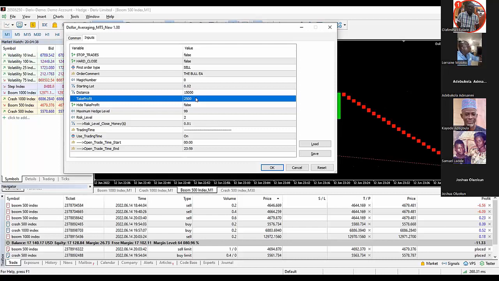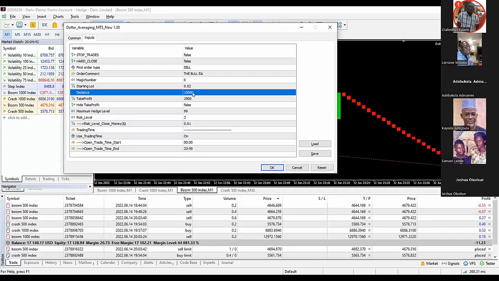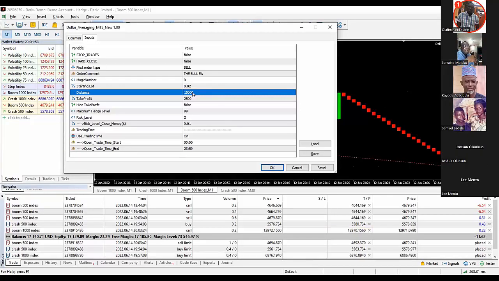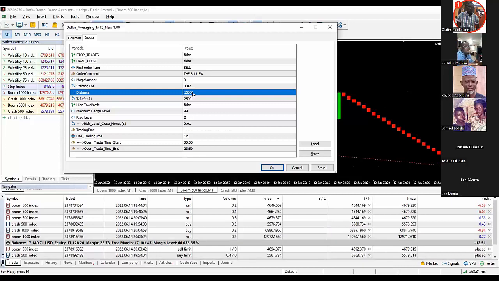So if you ask me, if you want to be trading Boom, what I give people is I multiply this by 2, so that I will limit the risk. I will limit the risk of you getting a large lot size by the time the market gets wild on us.